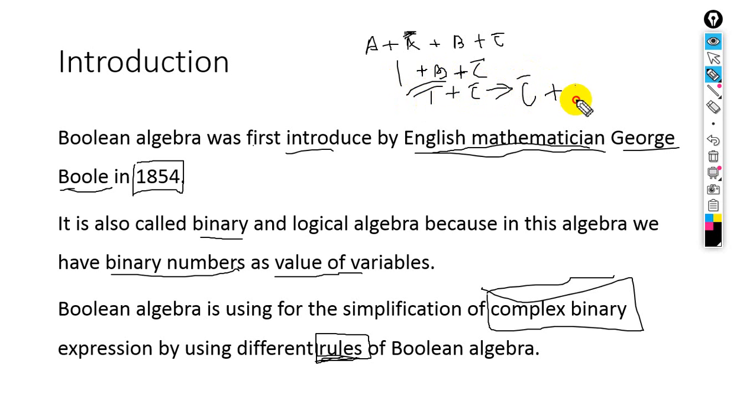So we have the simplified Boolean expression, and the two expressions are the same. But the first is a very complicated Boolean expression, and this one has just one variable, c. This is a simple expression, and that is the complicated expression. To make the complicated expression simple, we will use Boolean algebra and the different rules, different laws of Boolean algebra.